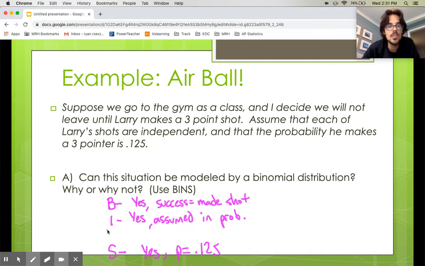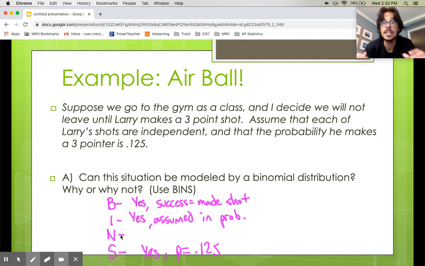And then the one that I skipped right here, is it a fixed number of trials? It actually is not. We have no idea how many trials it's going to take. It could be where Larry makes his first shot, we all cheer, and then we go home. Or it could be where Larry's having an awful day and misses 50 shots in a row, and we're sitting there after school just getting mad at him for not making his shot, and it's just a disaster of a situation.